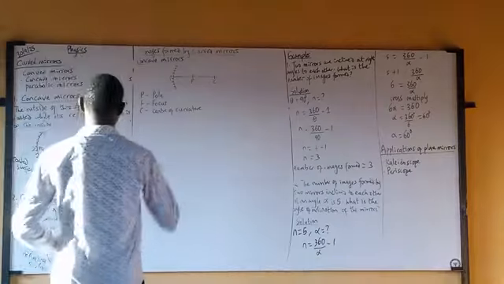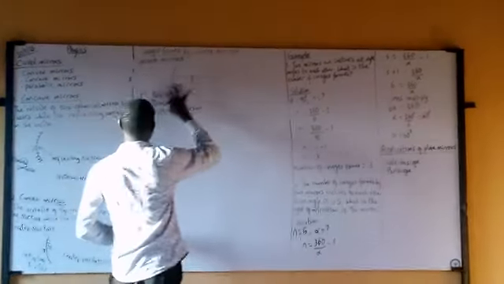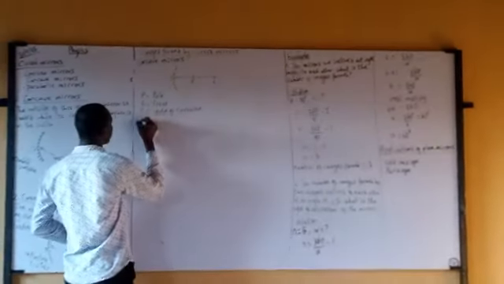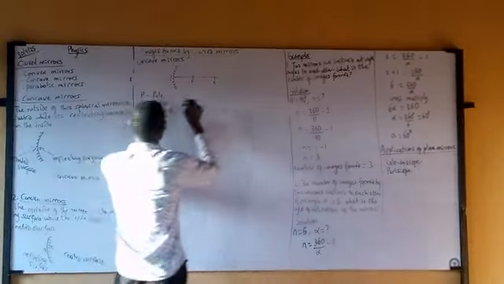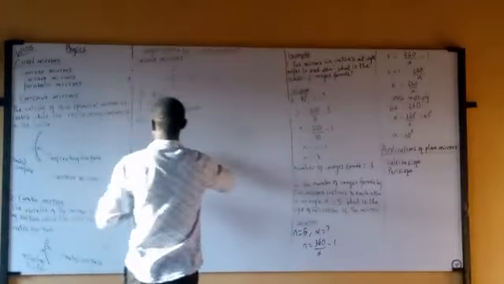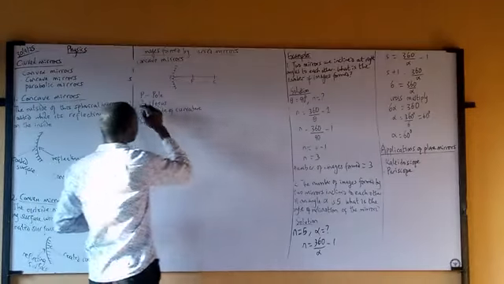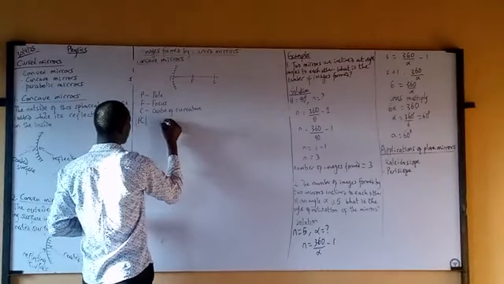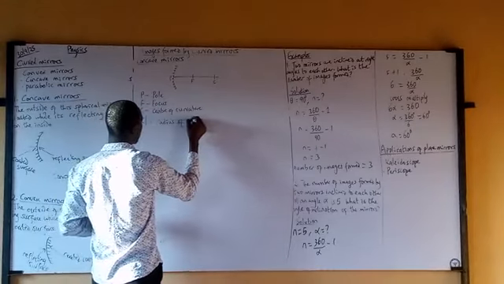So we have P as the pole, F as the focus, C as the center of curvature. The length PC is known as the radius of curvature.